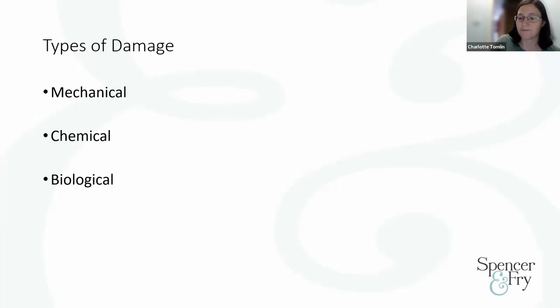Then chemical damage. So things like chemical reactions occurring within the object and causing degradation. Don't worry too much about this, but the key reactions we are talking about are things like hydrolysis and oxidation. So reactions that occur between a substance and water and between a substance and oxygen. And these are the main deterioration mechanisms that cause decay of many objects.